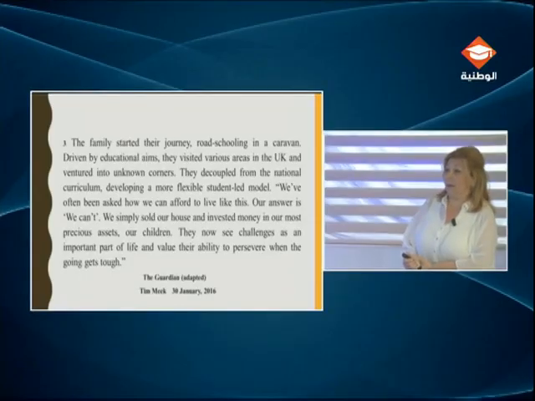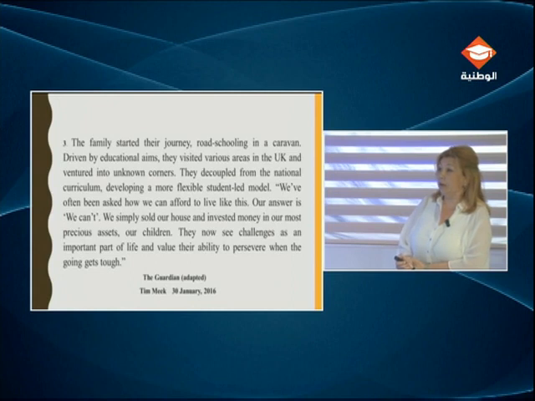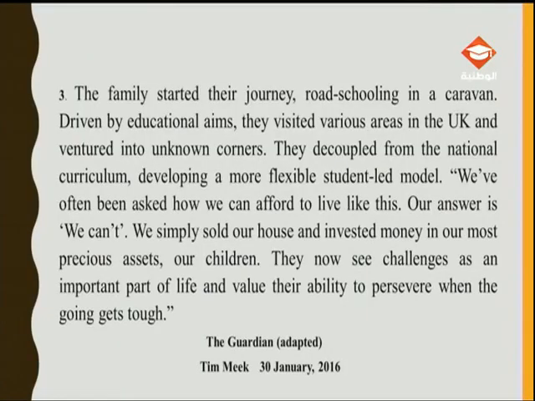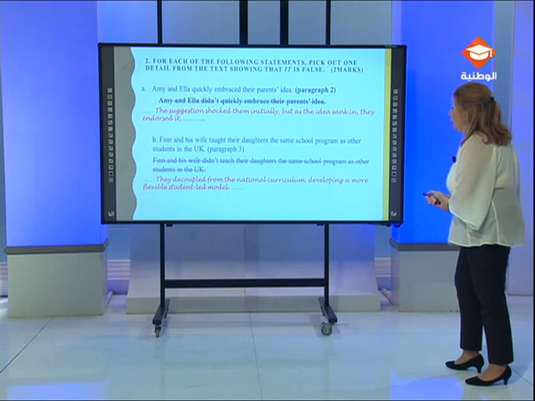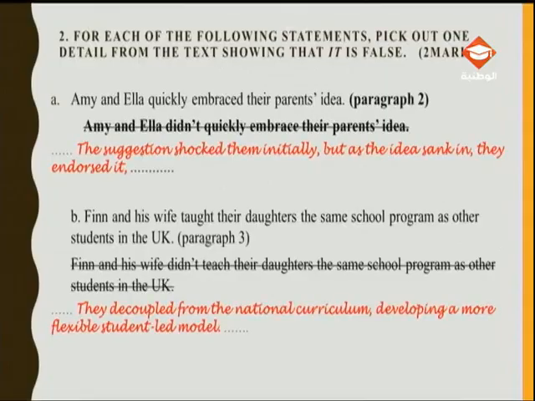So I read the paragraph. Where is the answer? The answer is they decoupled from the national curriculum, developing a more flexible student-led model. They decoupled means they disconnected from the national curriculum. So what I do, I just copy the sentence and write it in the space provided without making any modifications.